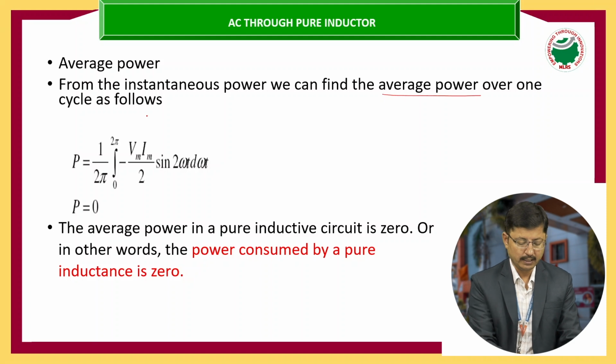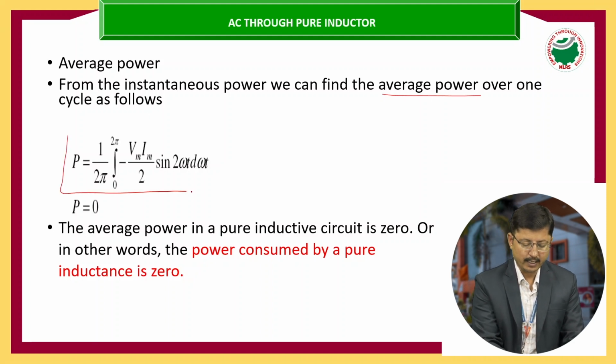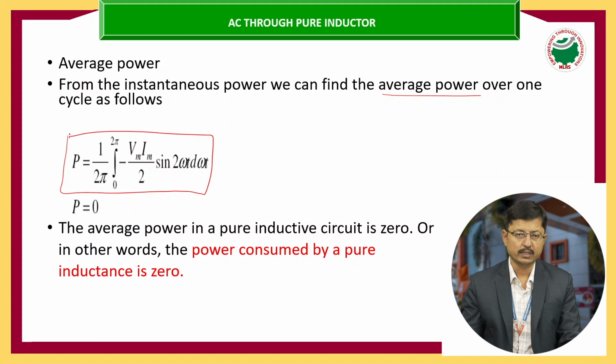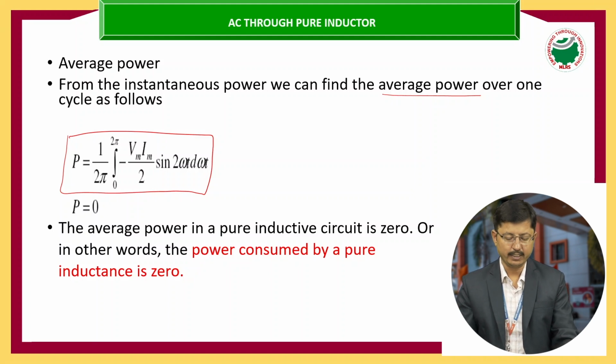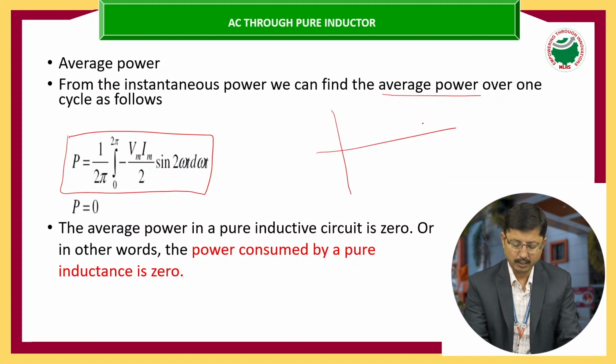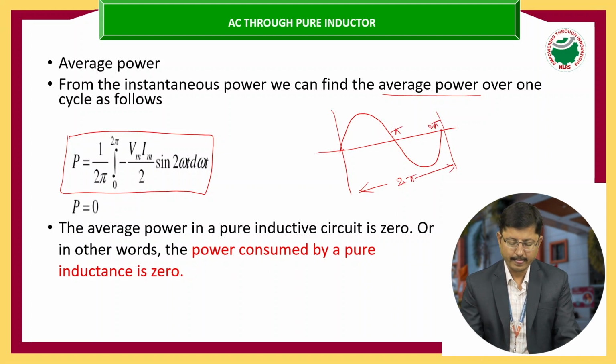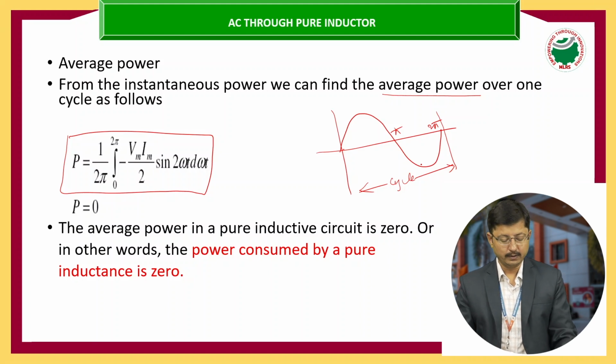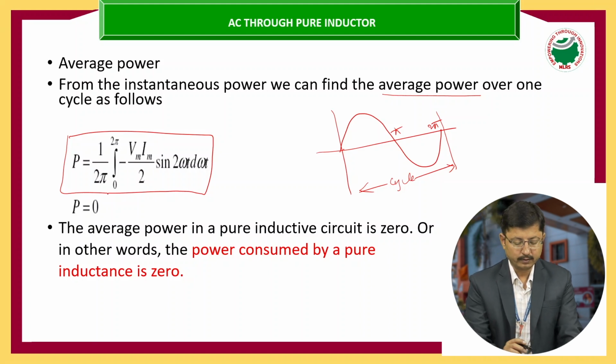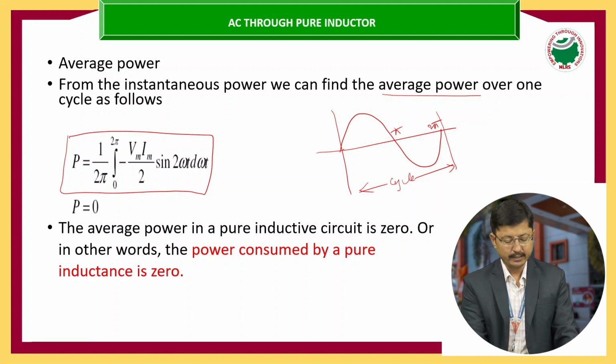Over one complete cycle, the average power is P equals 1 by 2 pi times the integral from 0 to 2 pi, covering the total cycle, of the instantaneous power.